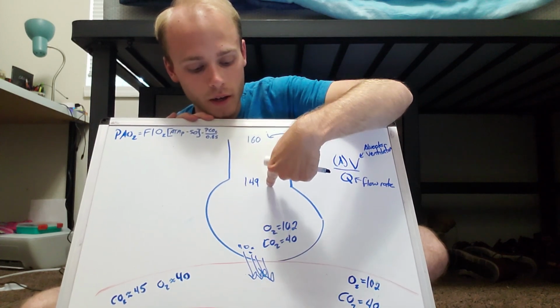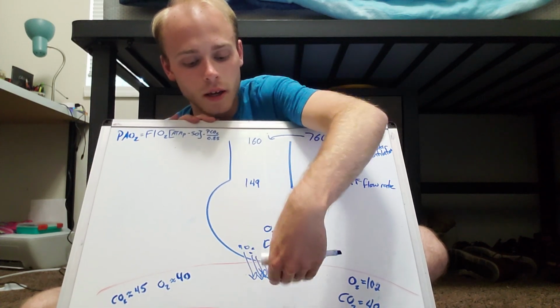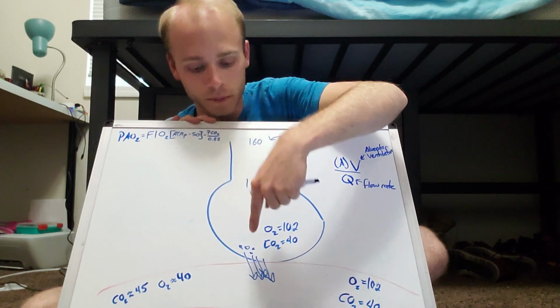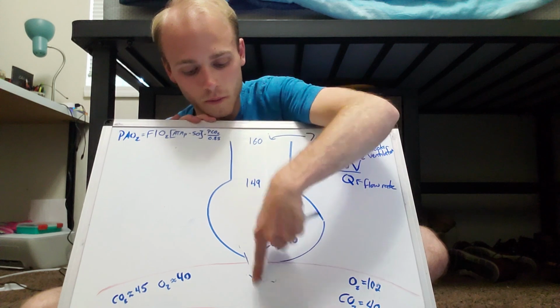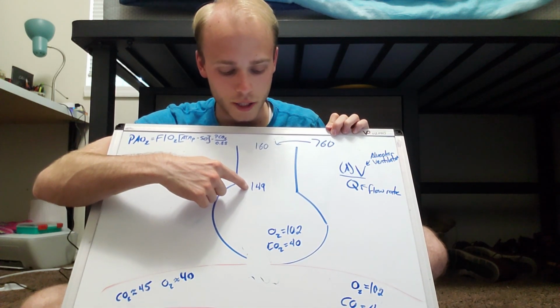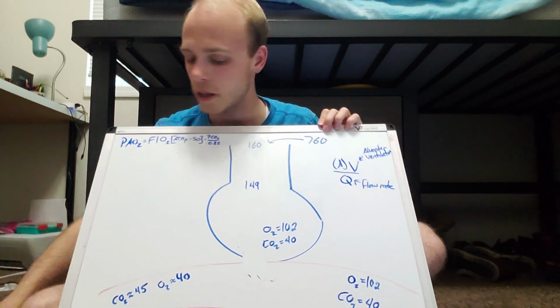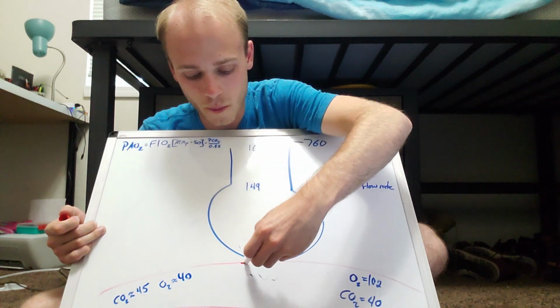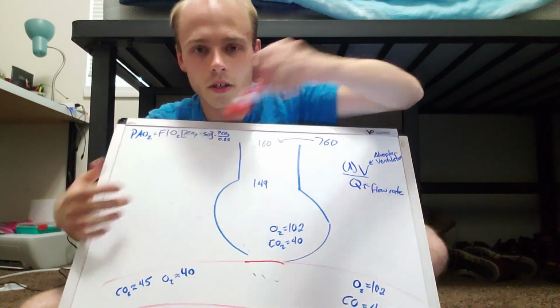So this oxygen's coming in here, but that pressure isn't accounted for because that has been replaced by CO2. And so that accounts for the other loss of around 40 or so. So that gets us to our average alveolar pressure of 102.